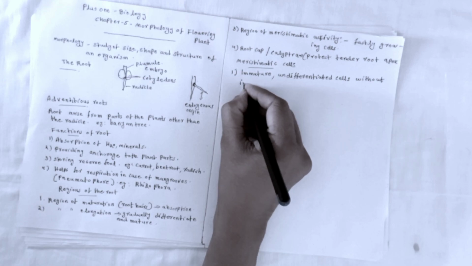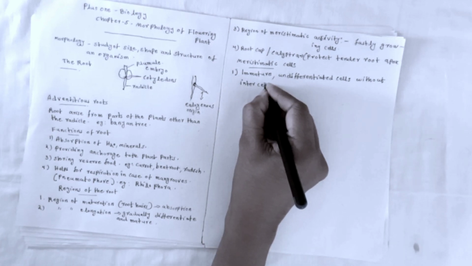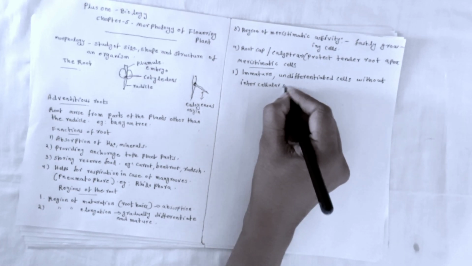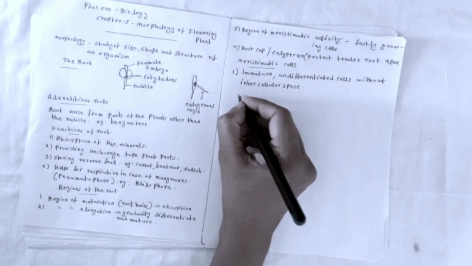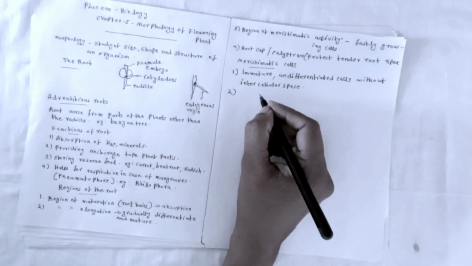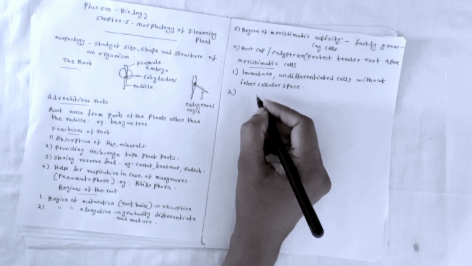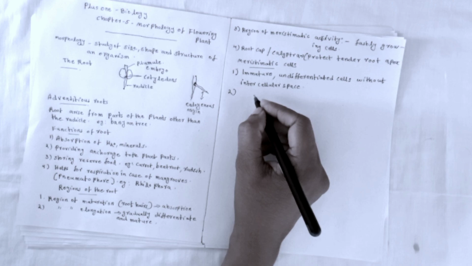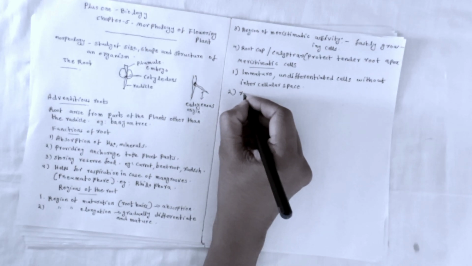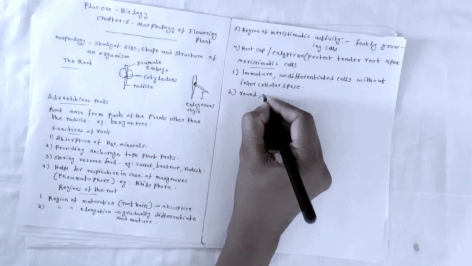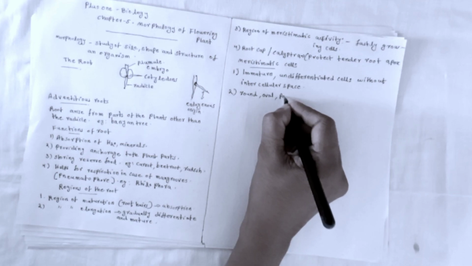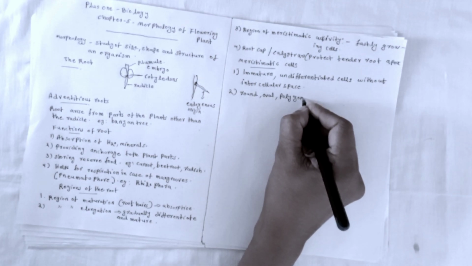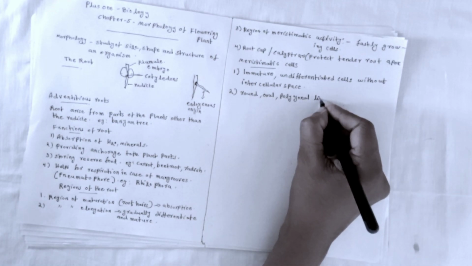Second point: they are round, oval or polygonal living cells.